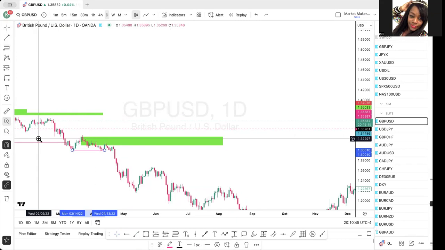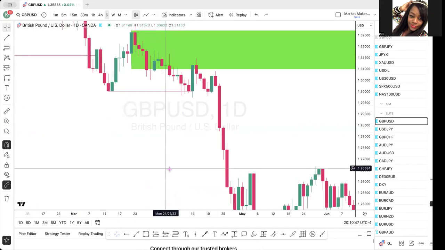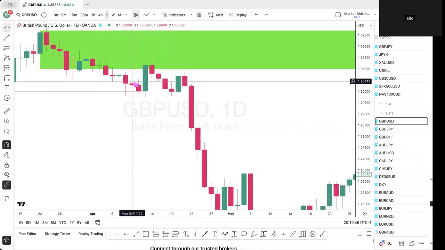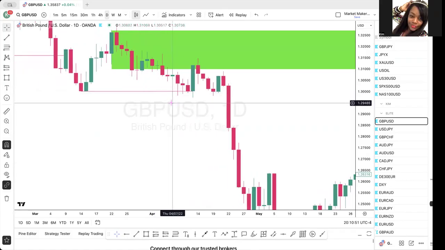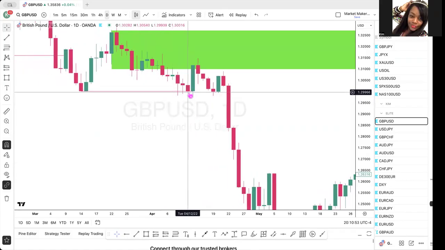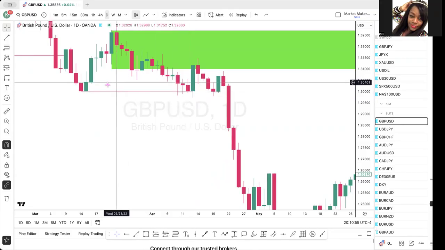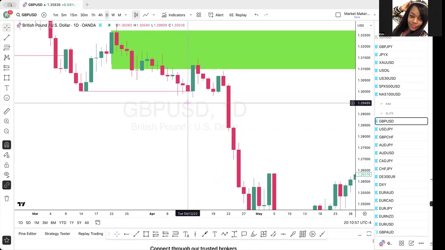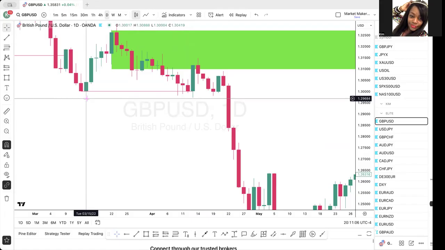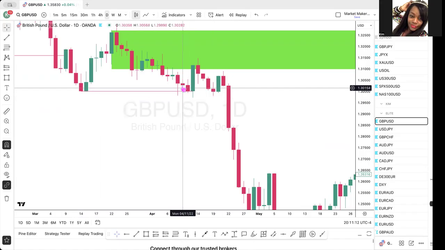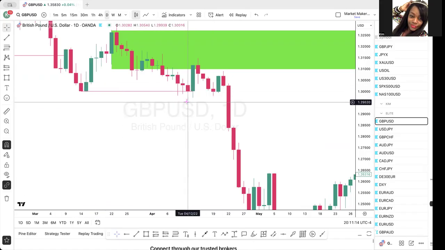I'm gonna zoom in just to see. Did this close below? The close is at 3300.16, 3300.04. So it did close below, right? This candle closed below these.